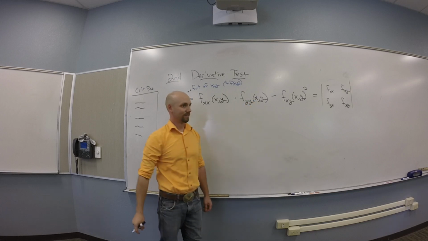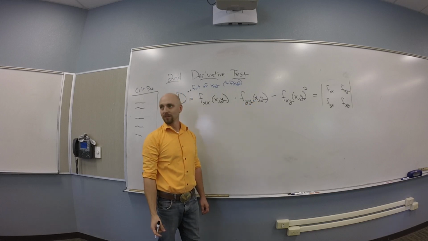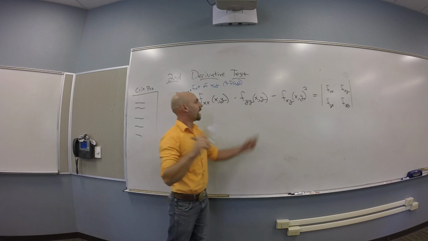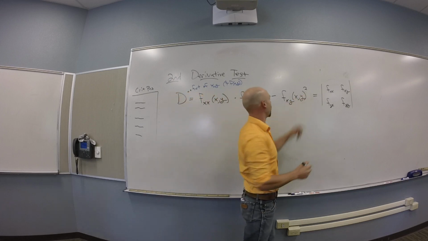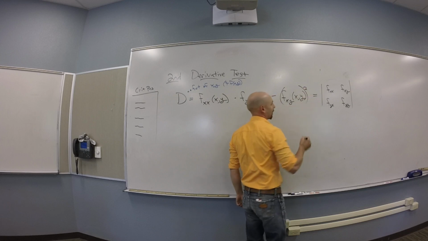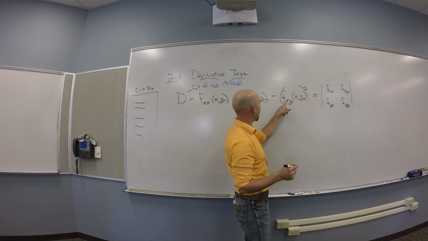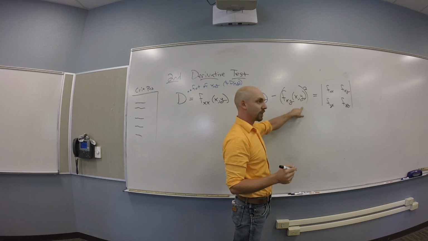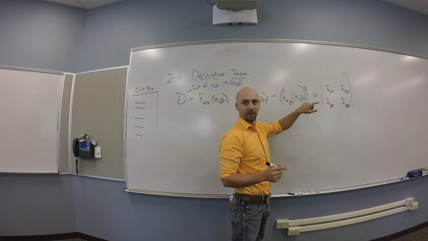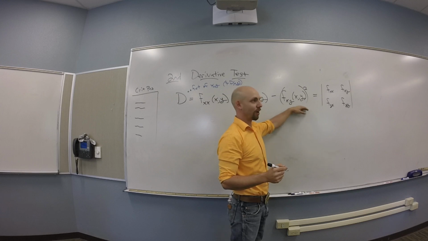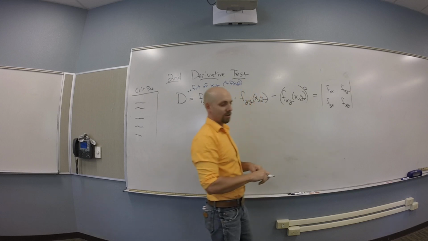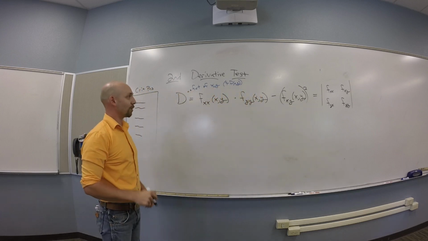Same thing here. Now, why is there this squaring here? Because they end up being multiplied because they're diagonal to each other. But why don't I have fyx times fxy? As far as we care, they're the same thing. Good, because of Clairaut's theorem, right? Okay, so you calculate this number.